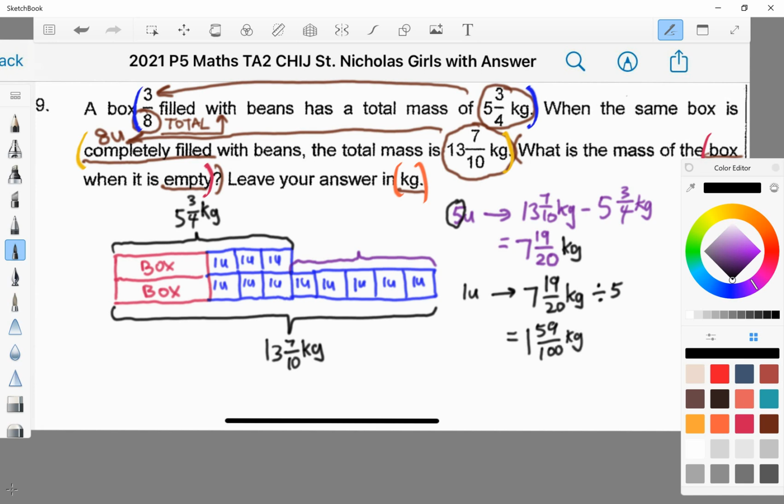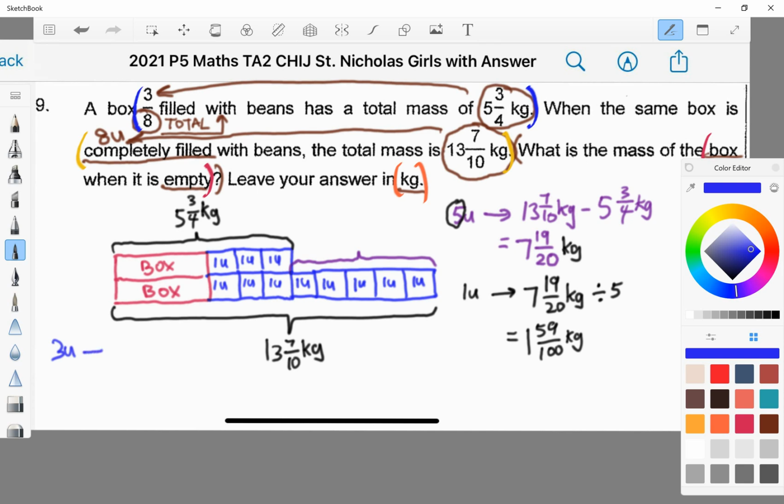And to find the empty box, we have 2 methods. We can either use the box when it's 3 out of 8 filled. We can also use the box when it is completely filled. Let's say I want to use the box when it is 3 out of 8 filled with beans. So I'll proceed by writing down 3 units.